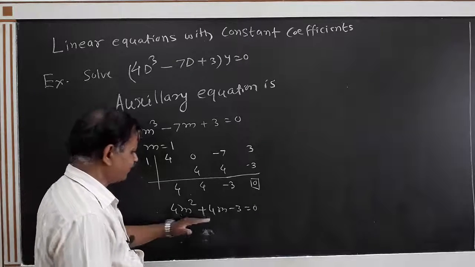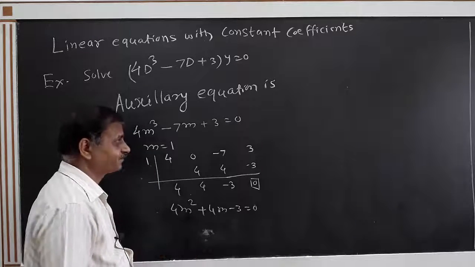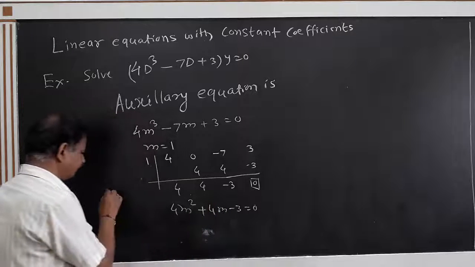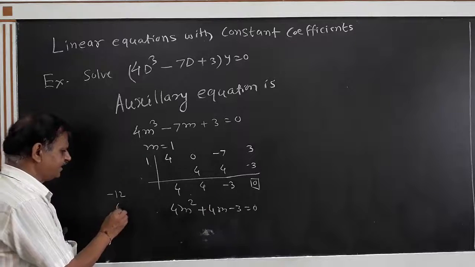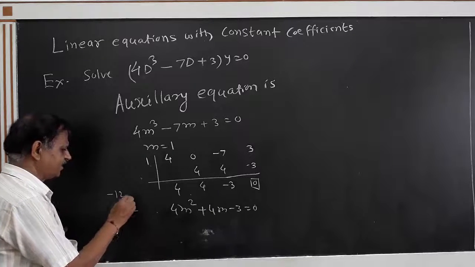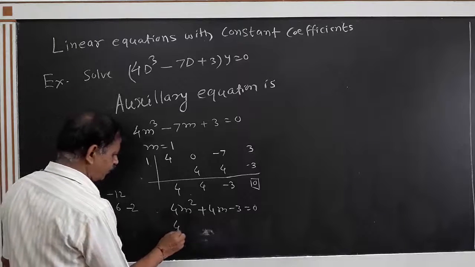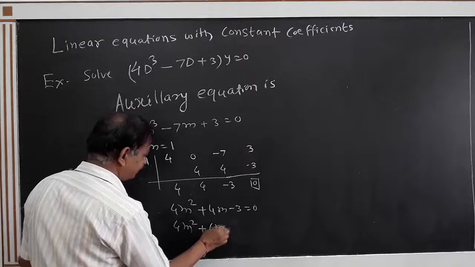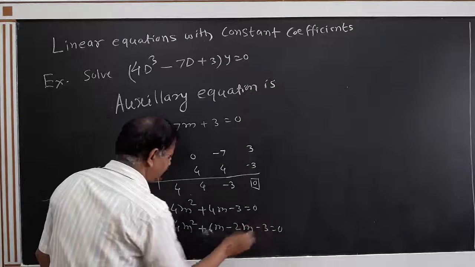Now, for finding roots of this quadratic equation, 4 into 3 is 12, so minus 12. Minus 12 can be factorized as 6 into 2, so that 6 minus 2 equal to 4. Therefore, 4m square plus 6m minus 2m minus 3 equal to 0.